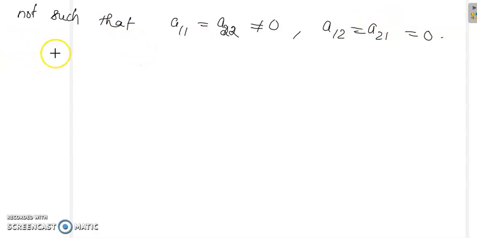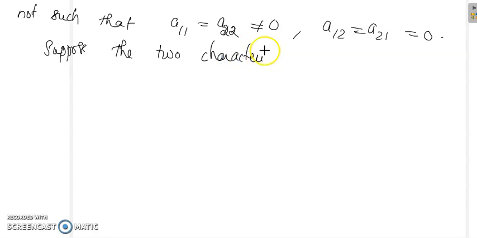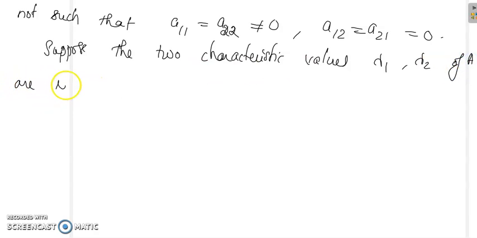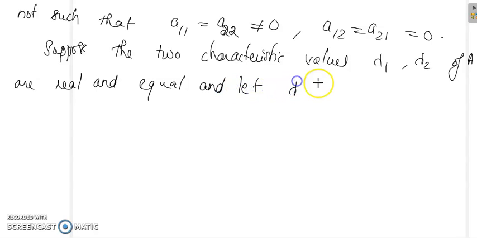Now suppose the two characteristic values lambda 1 and lambda 2 of A are real and equal, and let lambda be the common value.